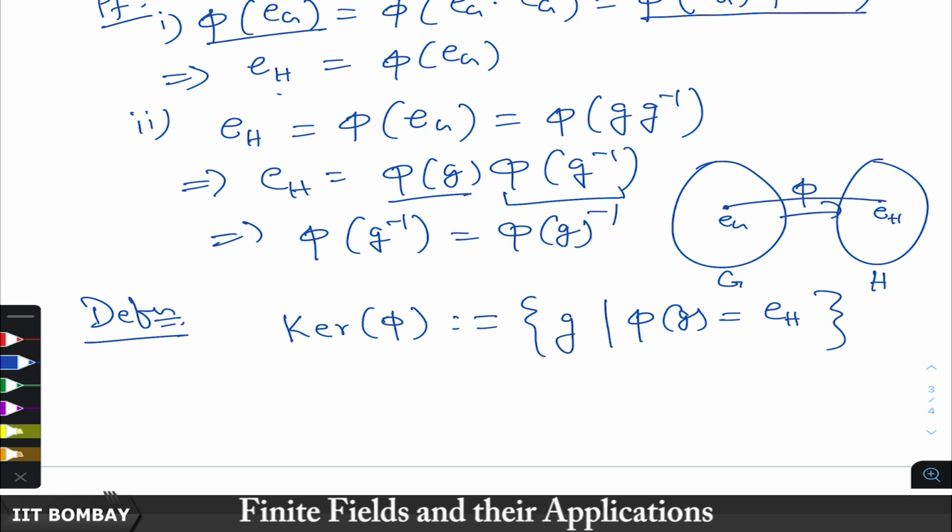For any group homomorphism, this identity element must go to the identity element on the other side. That is what we have proved, but there may be more elements that go to this element. The set of elements which go to this e_H is defined as the kernel of that map. Now, the image of phi is like the image of any map, it is the set of all phi of g where g belongs to G.